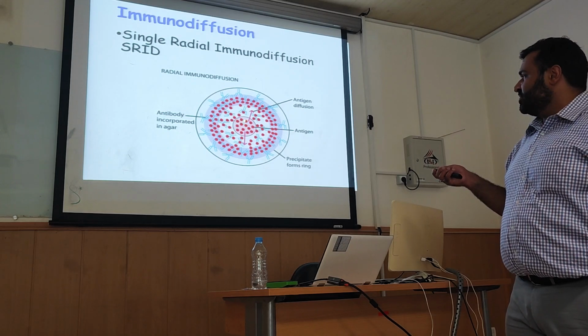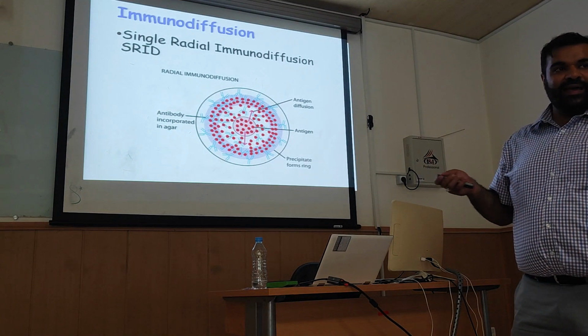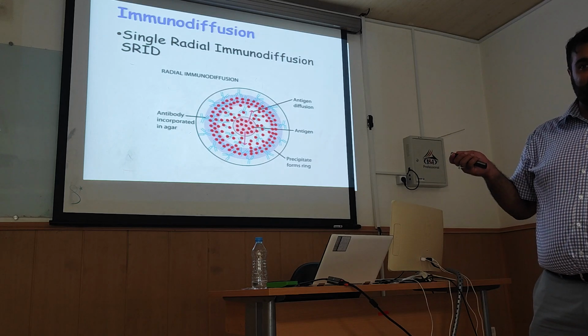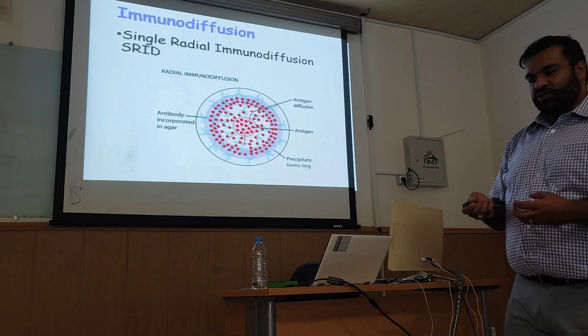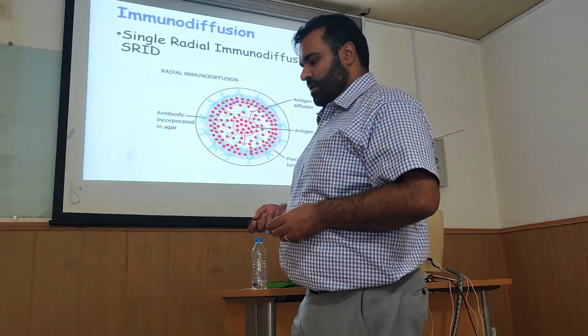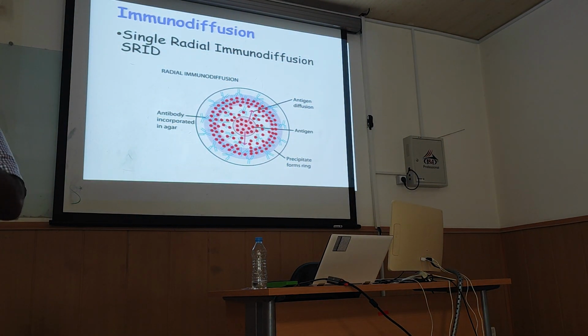What will happen? The antigen starts going towards the agar. And if it interacts with the antibody that we have, okay, so for a patient, we can put plasma of a patient, or a drop of blood, and we want to make sure if inside the blood they have the antigen against the antibody we have or not.